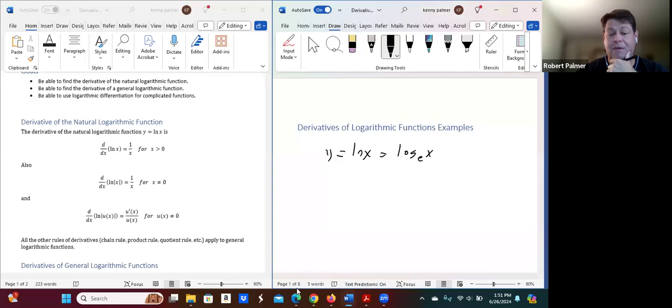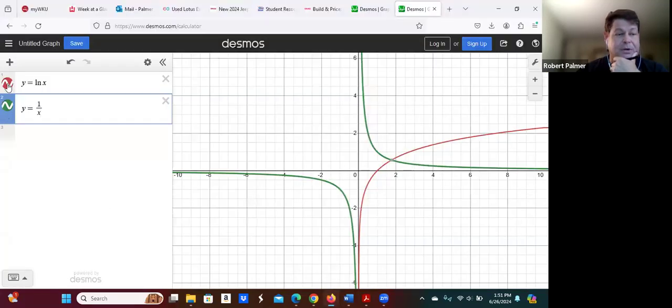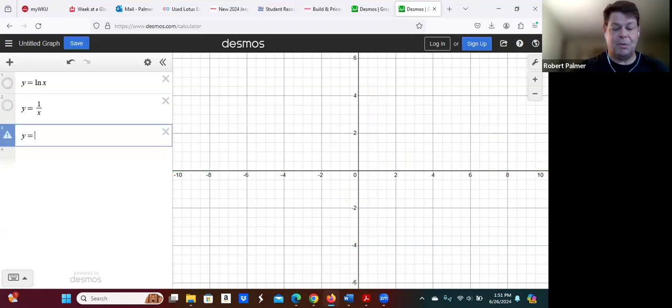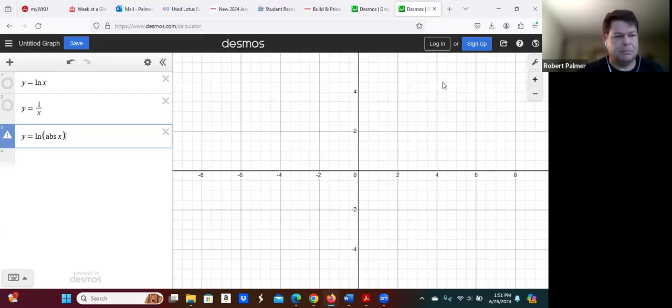Actually, let me go back and graph that. Let me turn both of these off. If I want to graph y equals ln of the absolute value of x, I can type in abs of x. I probably need parentheses there. What's going on?